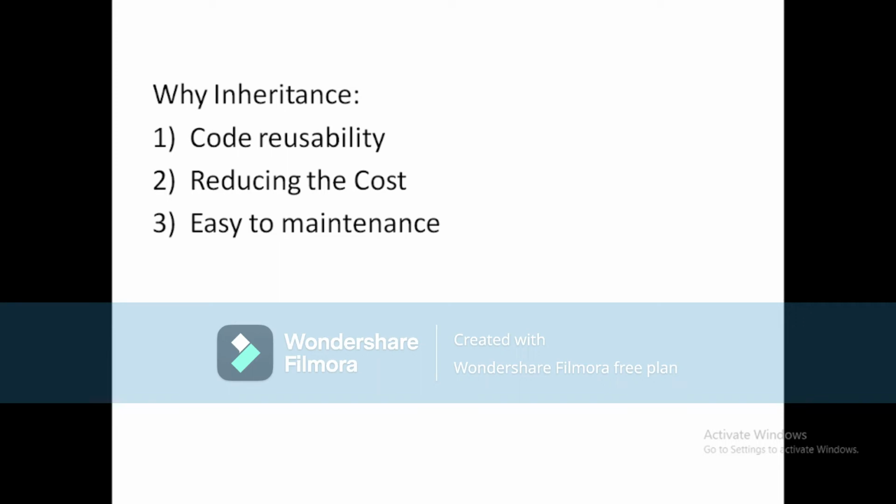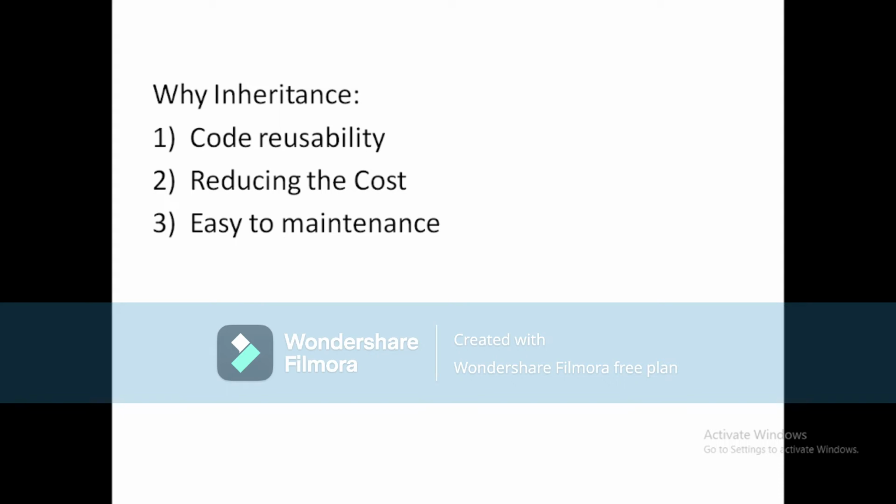Then the next feature is easy maintenance. Let's see, in future if I want to add one property which is common to all banks, then I'll just go into the parent class and add the property whatever I want to add.